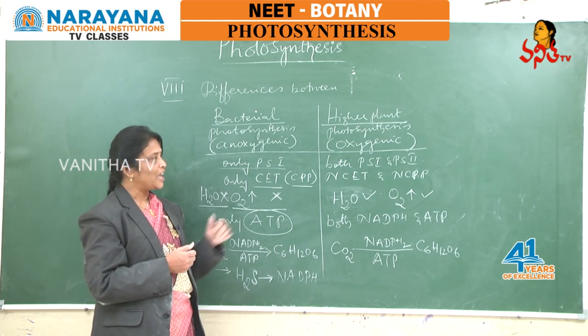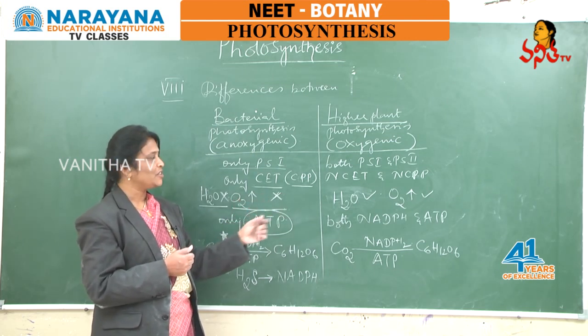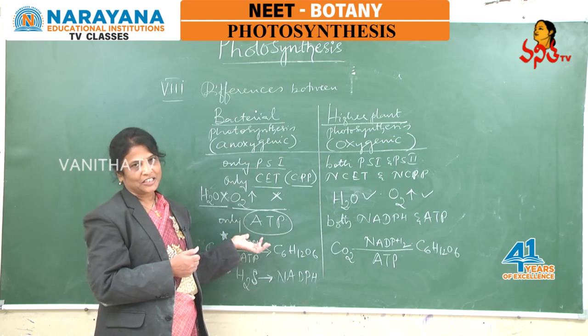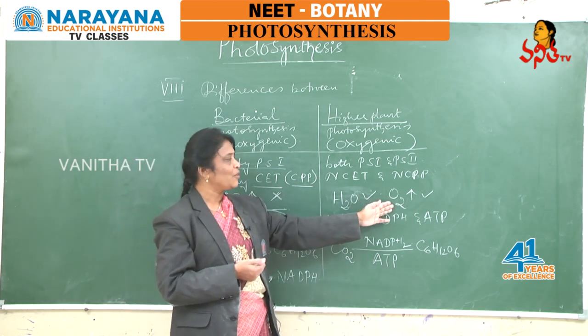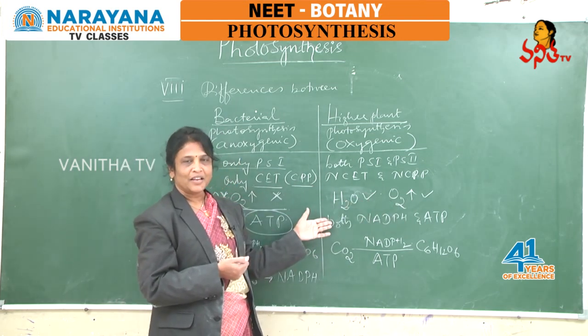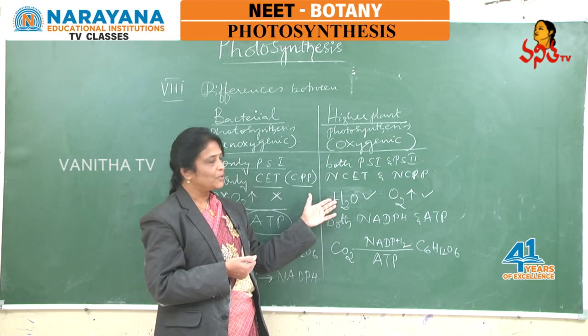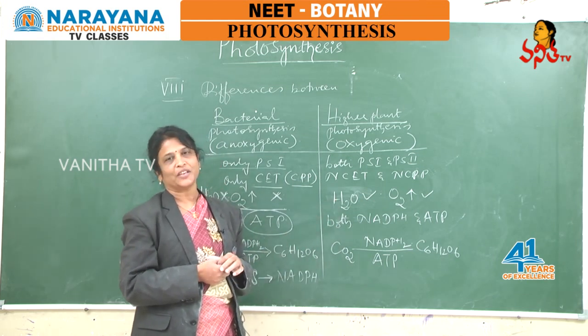So, photolysis of water and oxygen evolution does not occur during bacterial photosynthesis due to non-availability of PS2 and OEC, whereas photolysis and oxygen evolution occur during higher plant photosynthesis due to the involvement of PS2 and OEC.